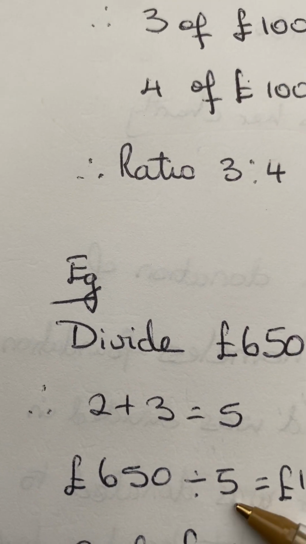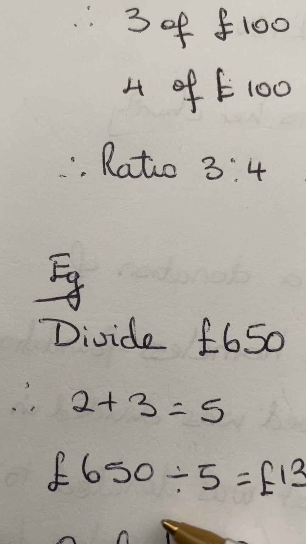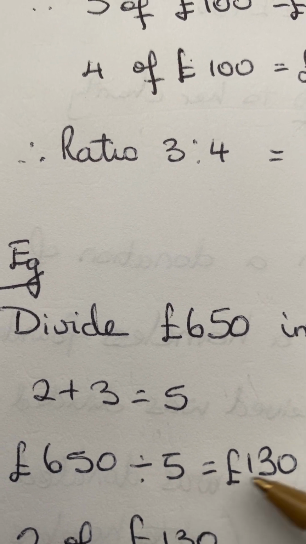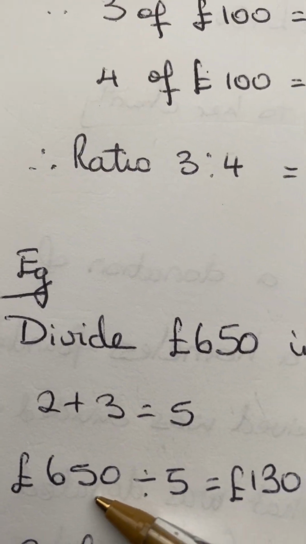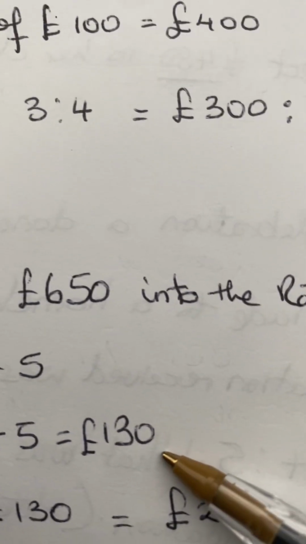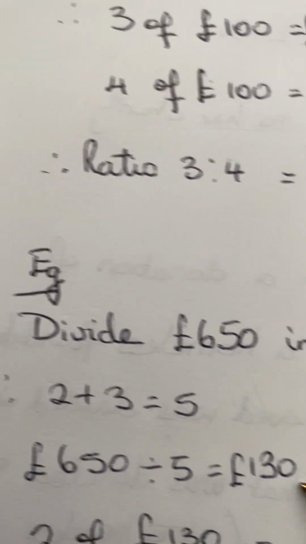Okay, you can divide using factors of 5 if you don't have a calculator, and if you have a calculator, you just do 650 divided by 5, and it will give you 130.